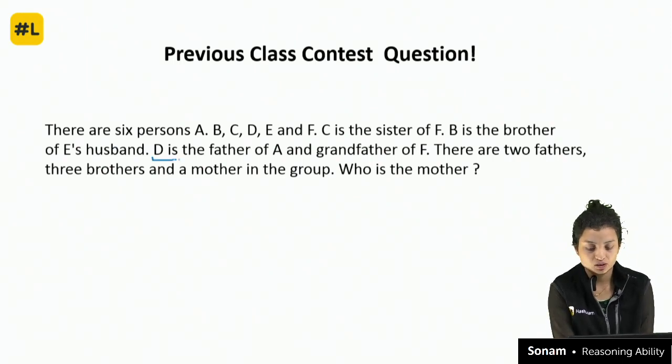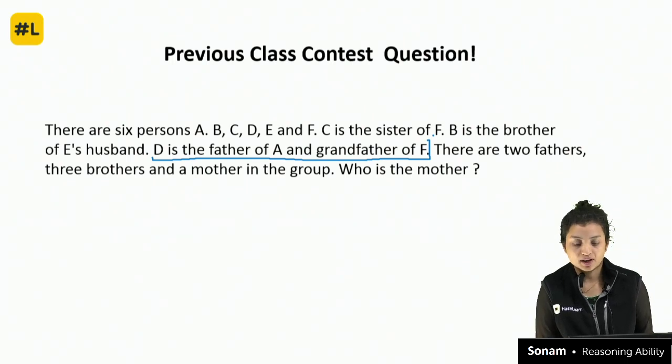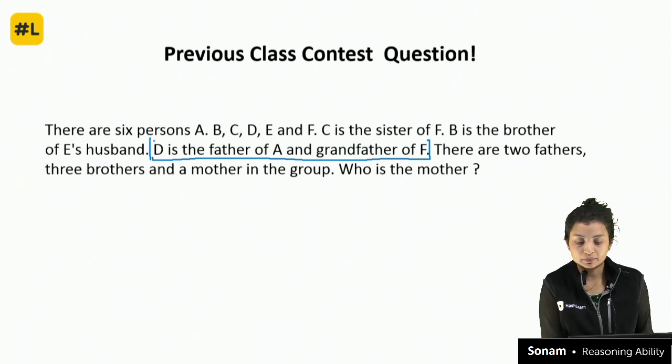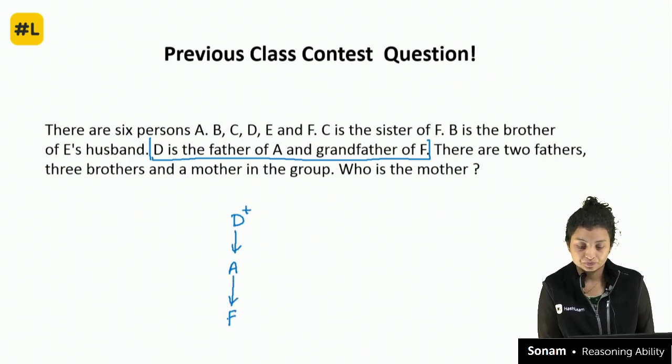Okay, so let's start solving it. I will start with this because I can see 3 generations here. Yes, father, then grandfather. So obviously 3 generations are here, so it's easy to draw the family tree from here. So D is father of A, correct, and D is grandfather of F. Okay, this is what I got.